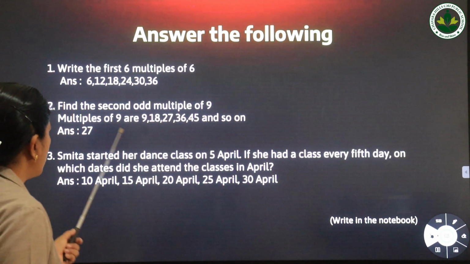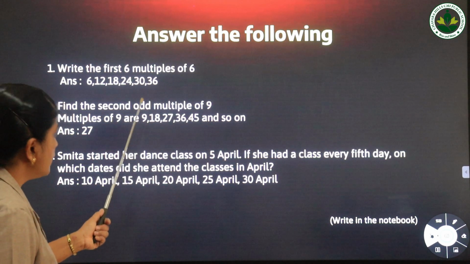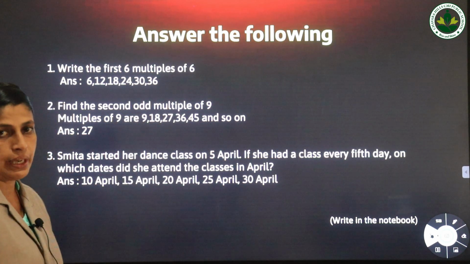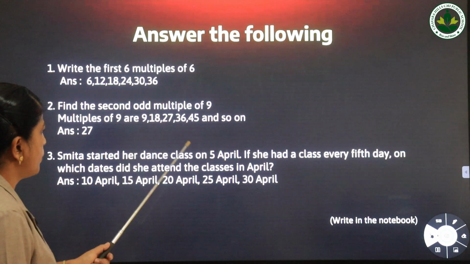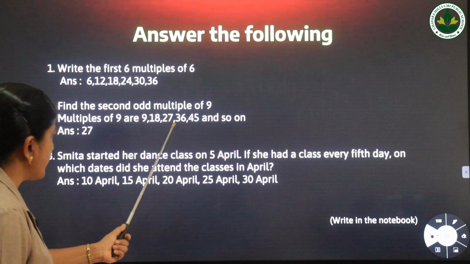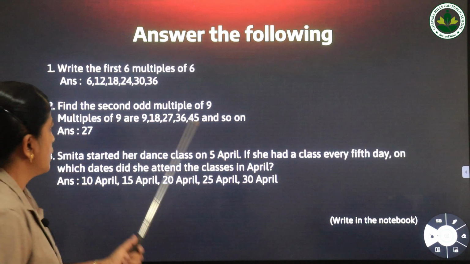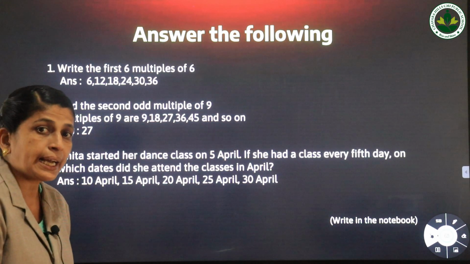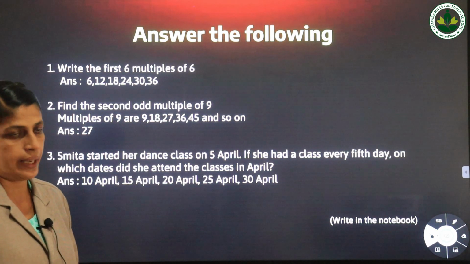Among the multiples there are odd and even numbers. 9, 27 and 45 are the odd numbers. The question is to find the second odd multiple, so 27 is the second odd multiple.